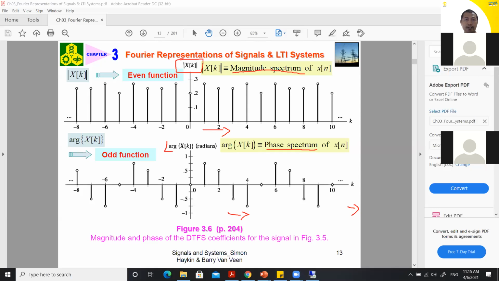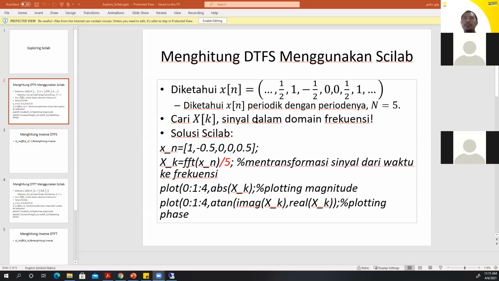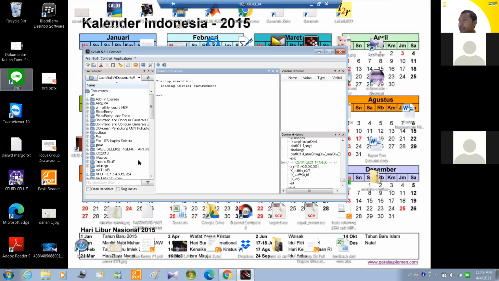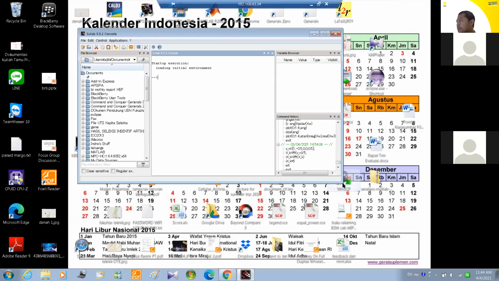Back to the PowerPoint here, you can see this is the syntax or command using Scilab. So now I would like to demo using Scilab. This is the interface of Scilab.